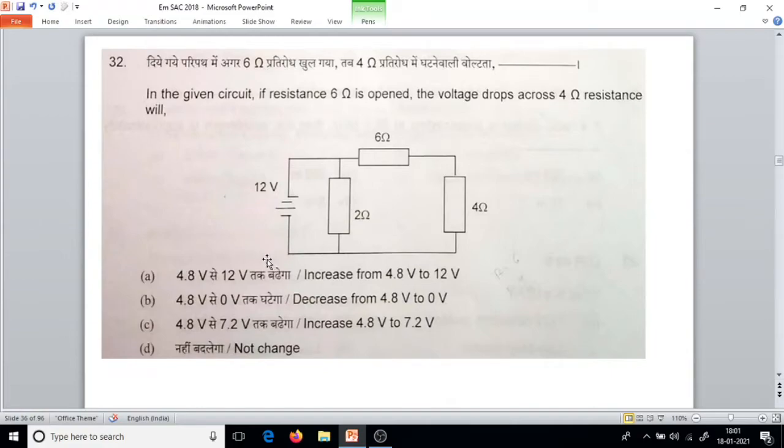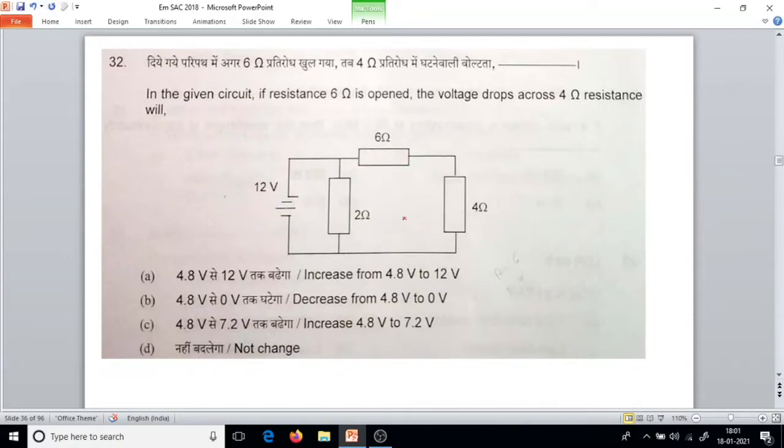Question number 32. In the given circuit, if the 6 ohm resistance is opened, the voltage drop across the 4 ohm resistance will. We have a circuit here, 3 resistors are there.